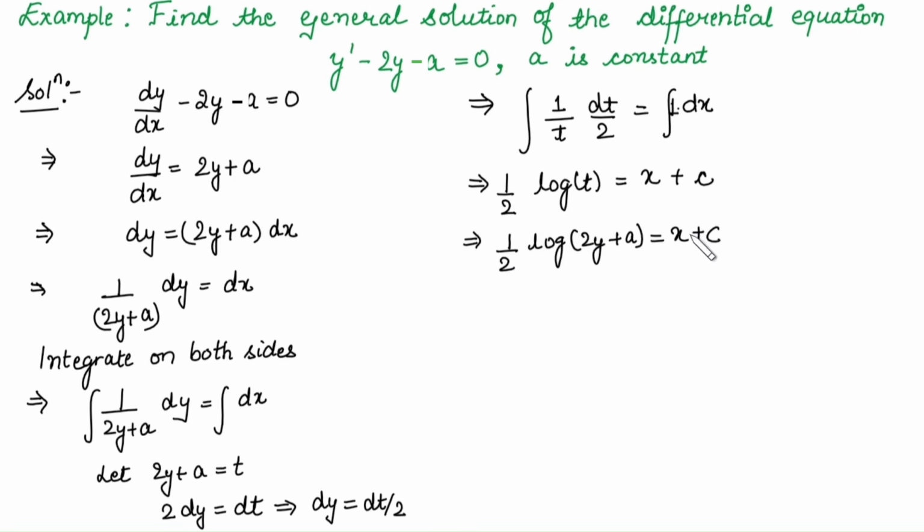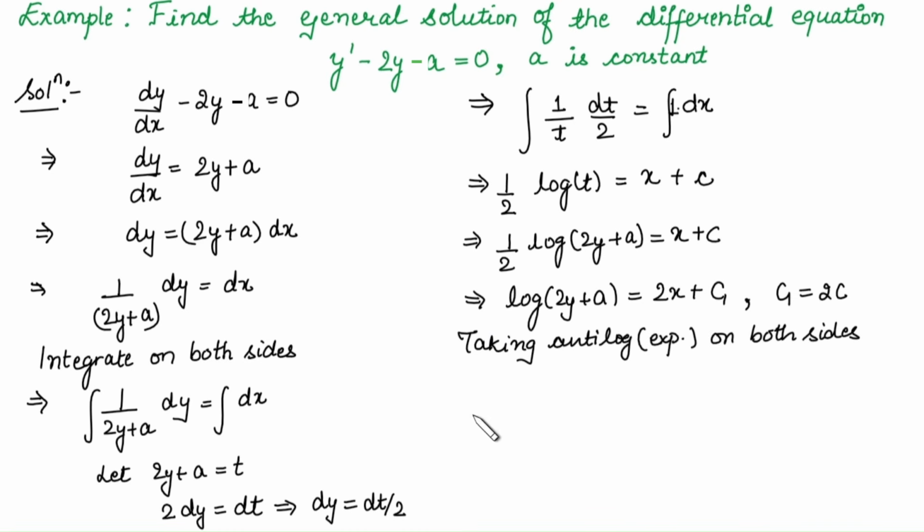For that, firstly we need to take the 2 on the right hand side. This becomes log of 2y plus a is equal to 2x into a new constant c1, where c1 is equal to 2 times c. Taking anti-log on both sides, that is the exponential.